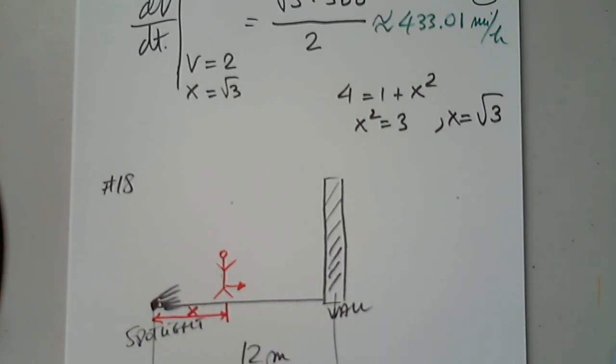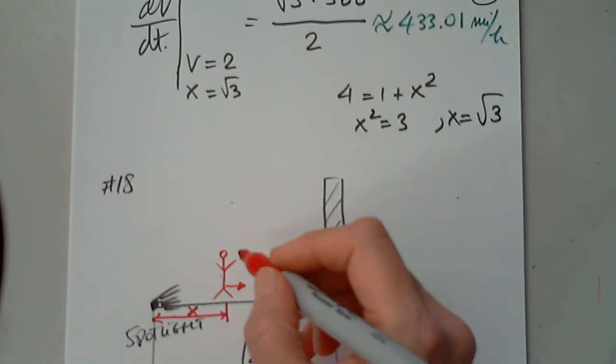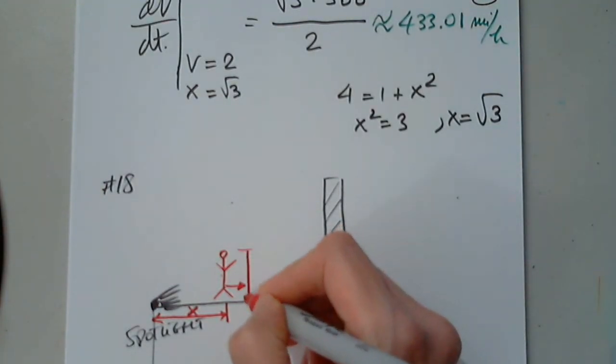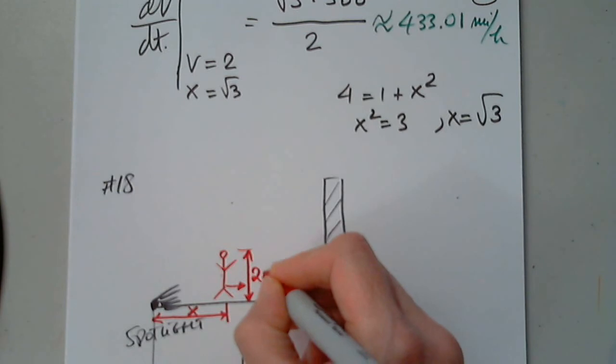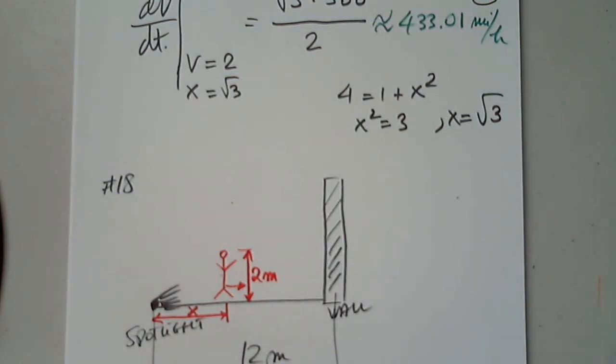Let's read again. If a man 2 meters tall, okay, so I'm just going to say this. I put everything in there so I don't forget anything. So if a man 2 meters tall walks from the spotlight toward the building at a speed of 1.6 meters per second, stop.